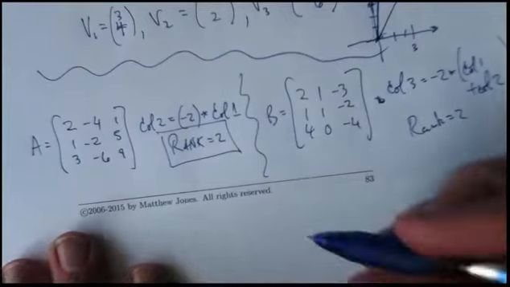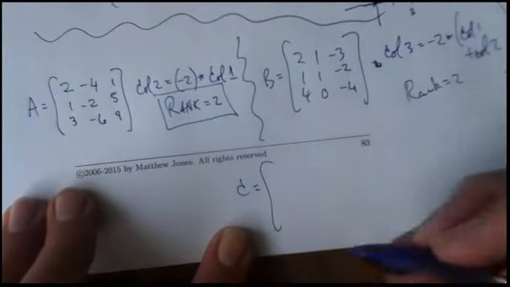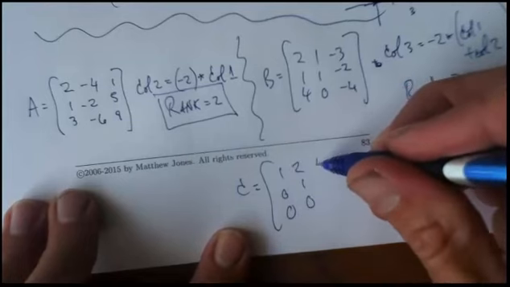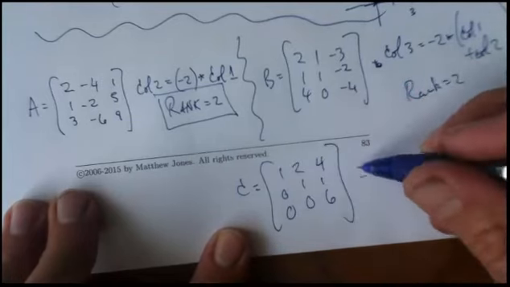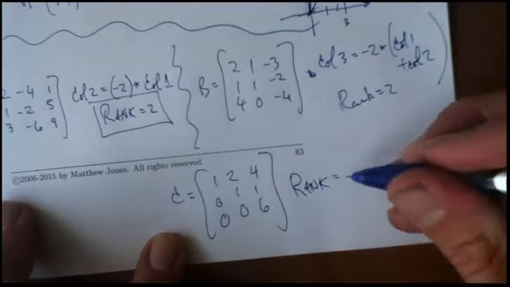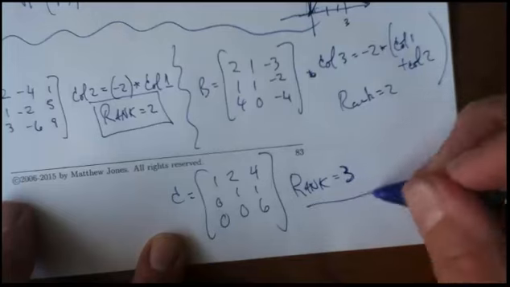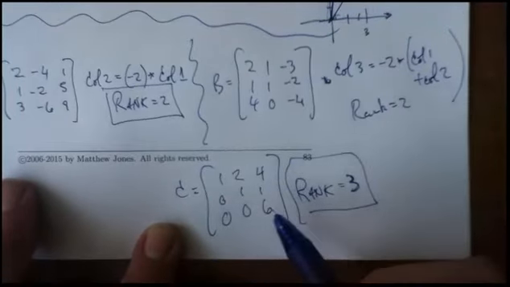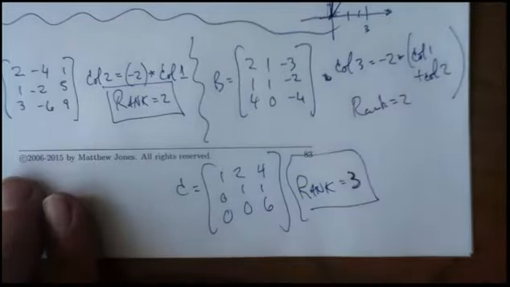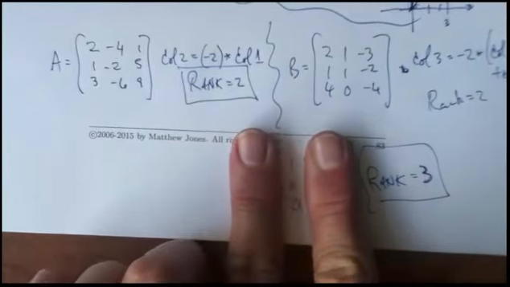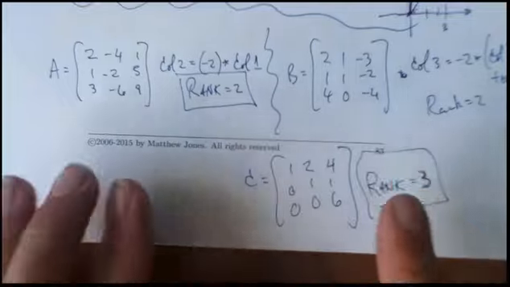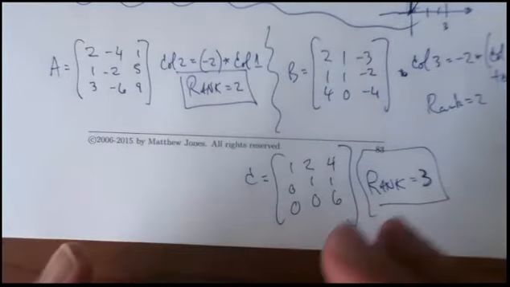Now if I have something like this, C equals 1, 0, 0, 2, 1, 0, 4, 1, 6. The rank in this case turns out to be 3. It's got full row rank, or full column rank, you could say. And that is because, I challenge you, you cannot find a constant to multiply against this column vector, and another constant to multiply against this one, and another constant to multiply by this one, so that the sum comes back to 0.